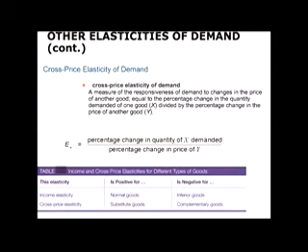Why is that? When the price of good Y goes up, if X and Y are substitutes, you're going to buy less Y and more X. So the percentage change in the price of Y is going to be positive, and the percentage change in the quantity of X demanded is also going to be positive. So the cross-price elasticity will be positive. For complementary goods, the cross-price elasticity is going to be negative.